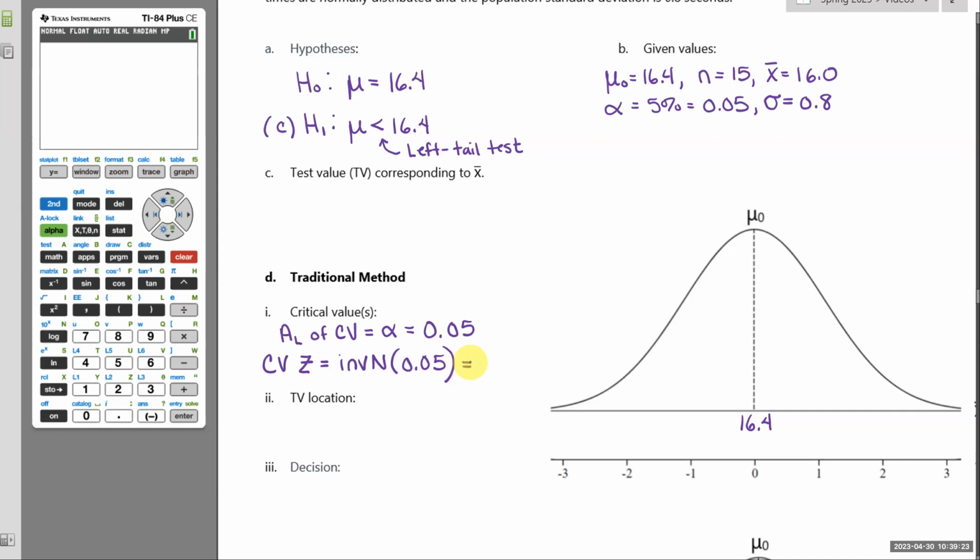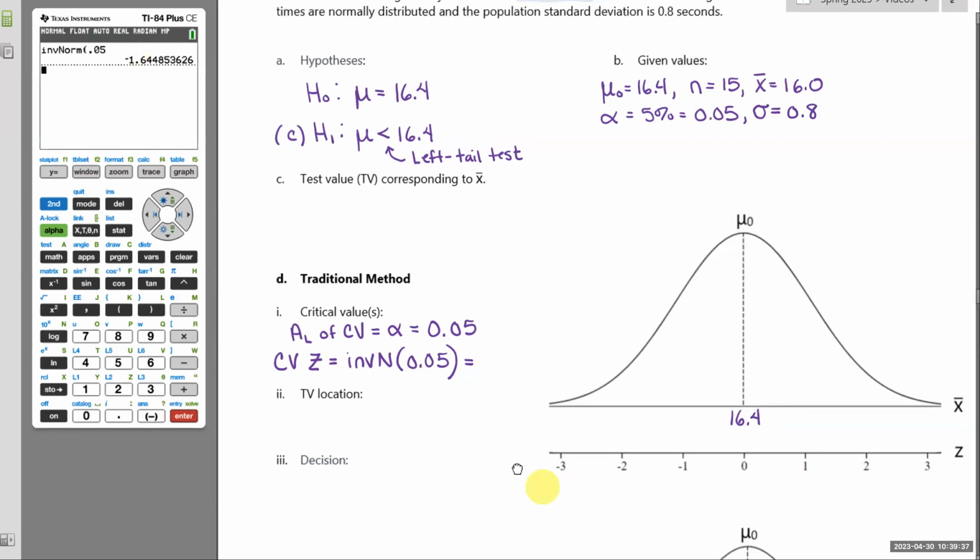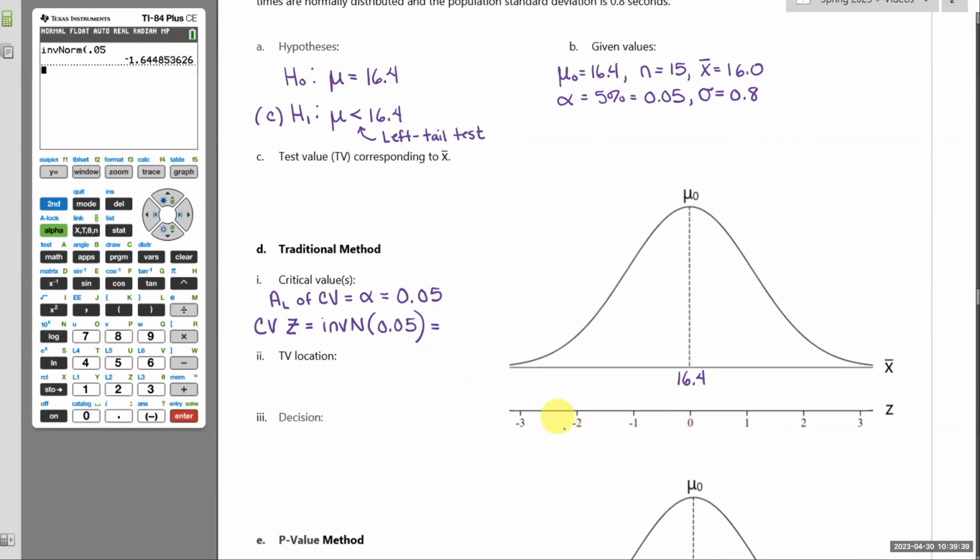Okay, so let's enter that. So we'll inverse norm the area left, so alpha, 0.05. And it is coming up negative. That makes sense. As a z-score, we should be left of center, so the negative side. And then this is the value that if we rounded it to 2 decimal places, it would be negative 1.64.